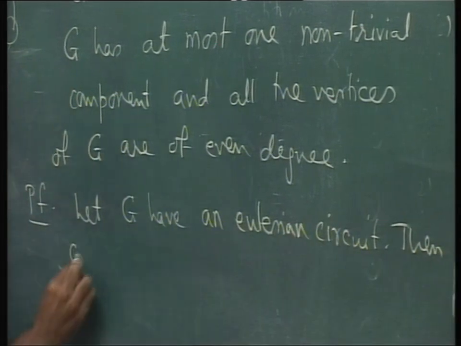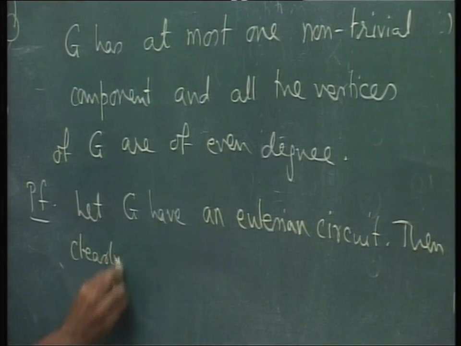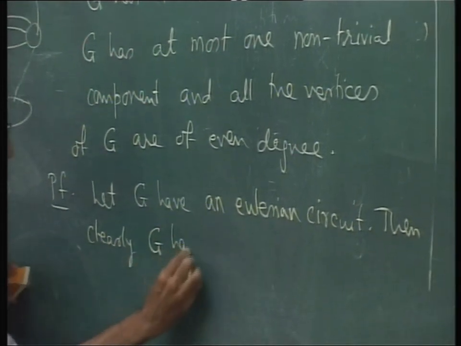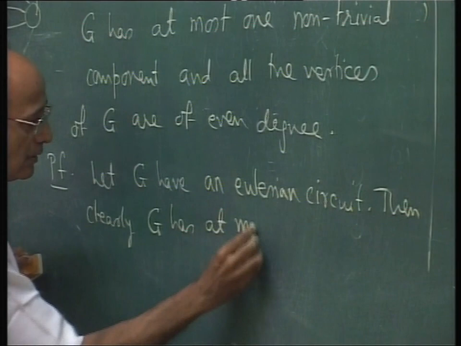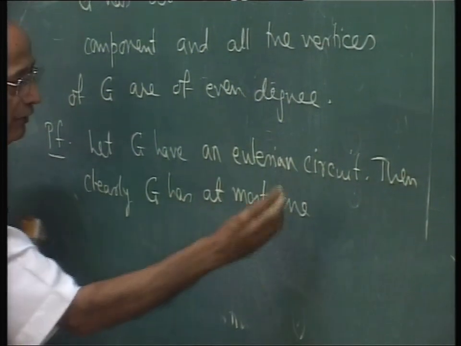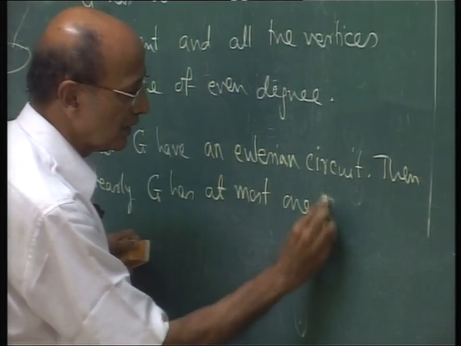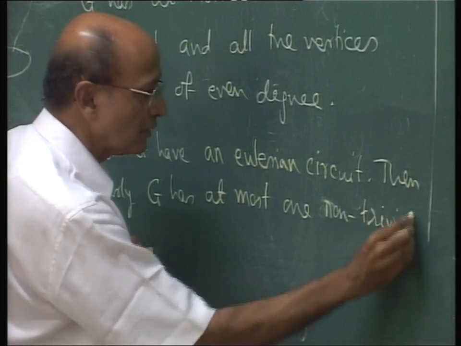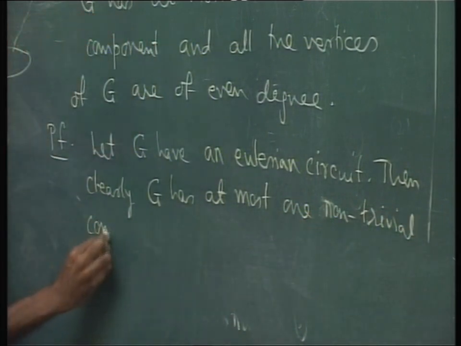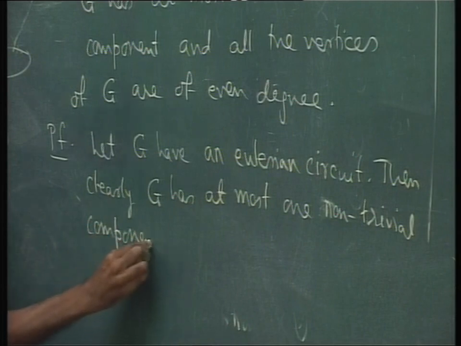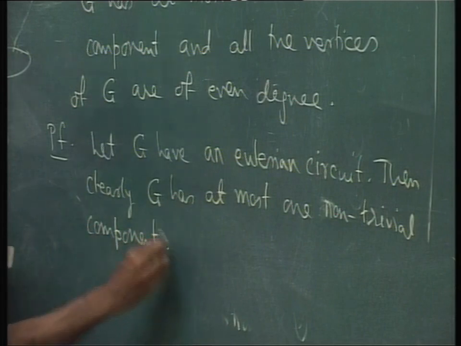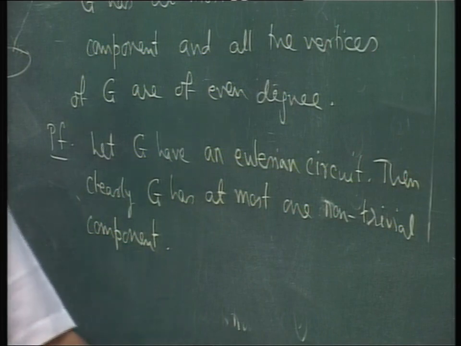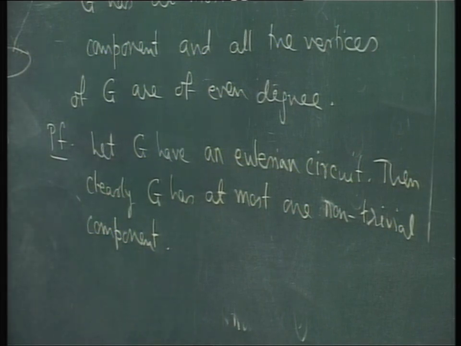Then clearly G has at most one non-trivial component. Proof here is just follow that Eulerian circuit.